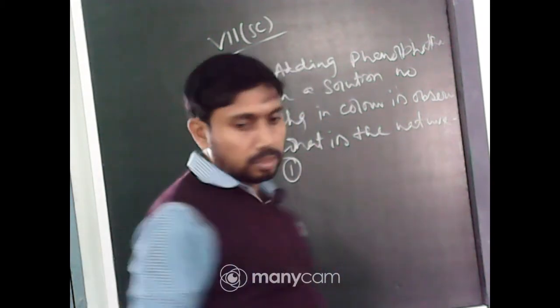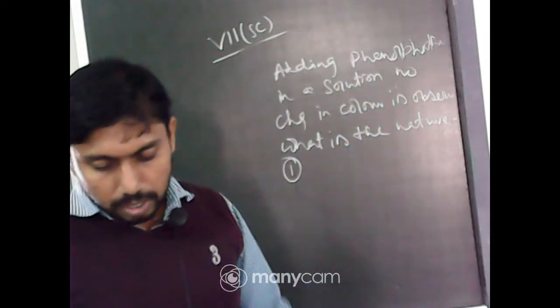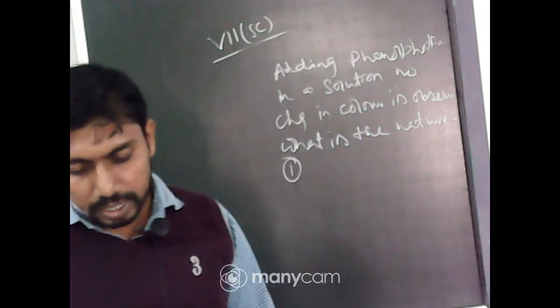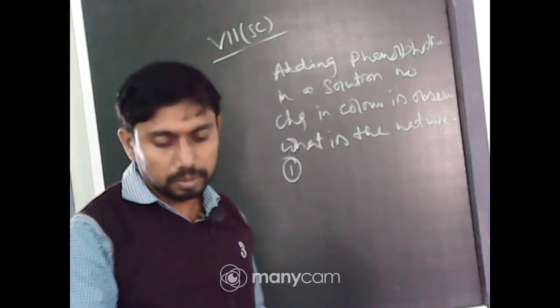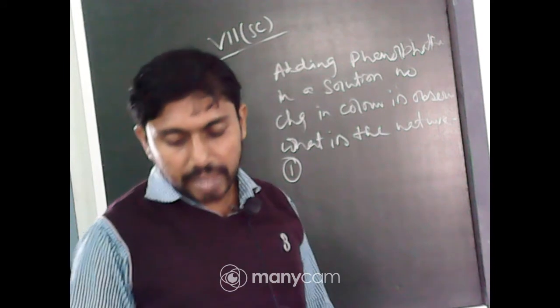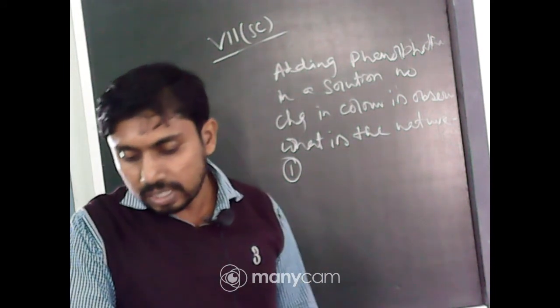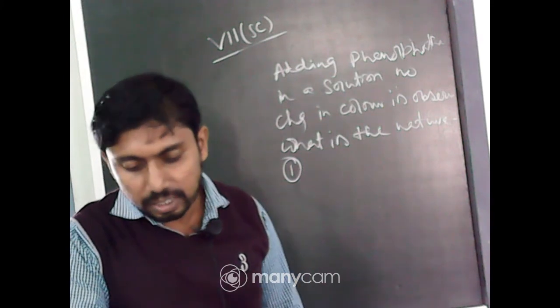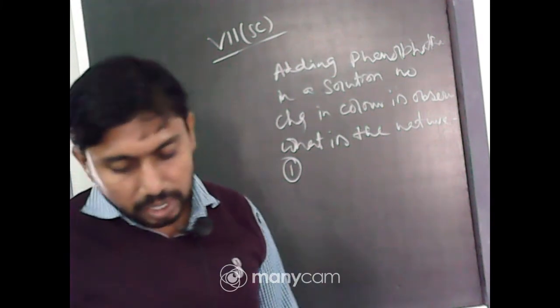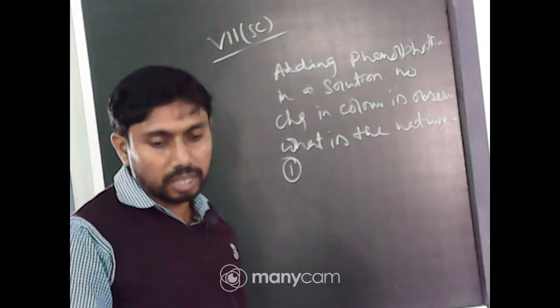Now, listen to the options. Option A is basic, option B is either acidic or basic, option C is either acidic or neutral, and option D is either basic or neutral.